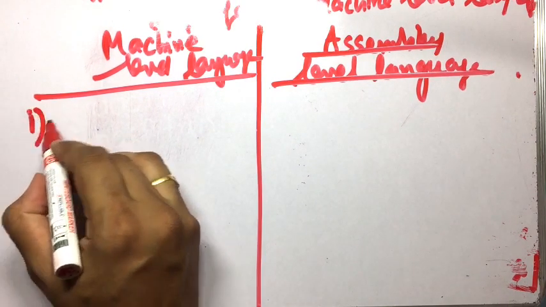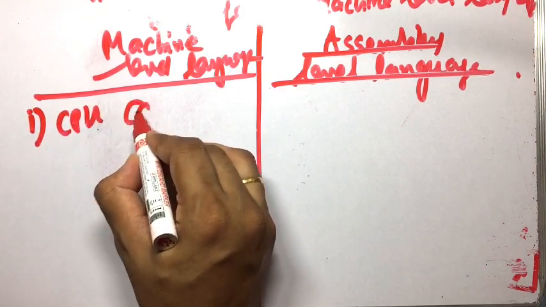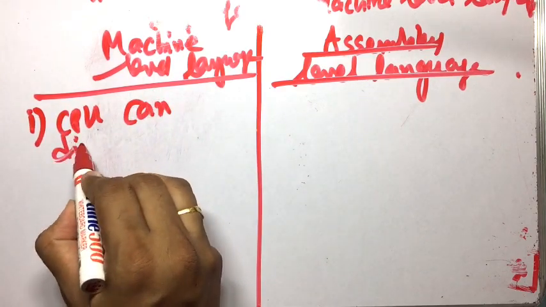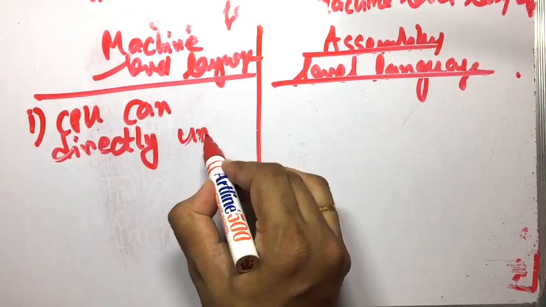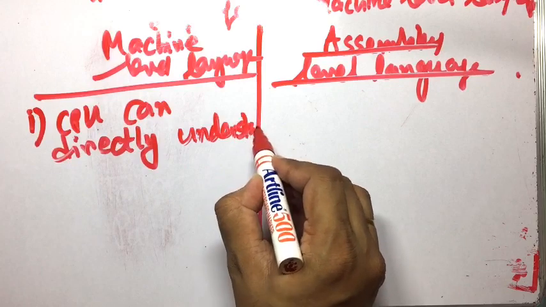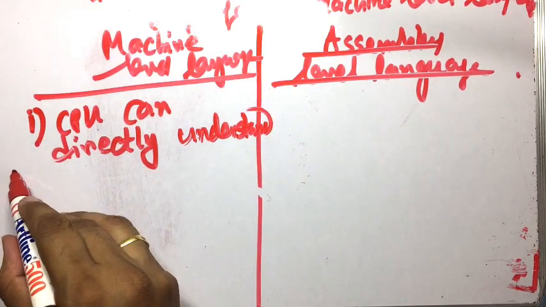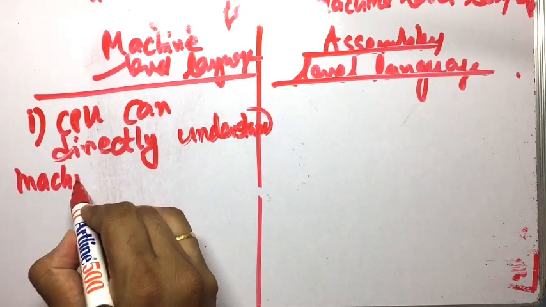In the first point, machine level language: the CPU can directly understand it. Machine can understand its own language directly.